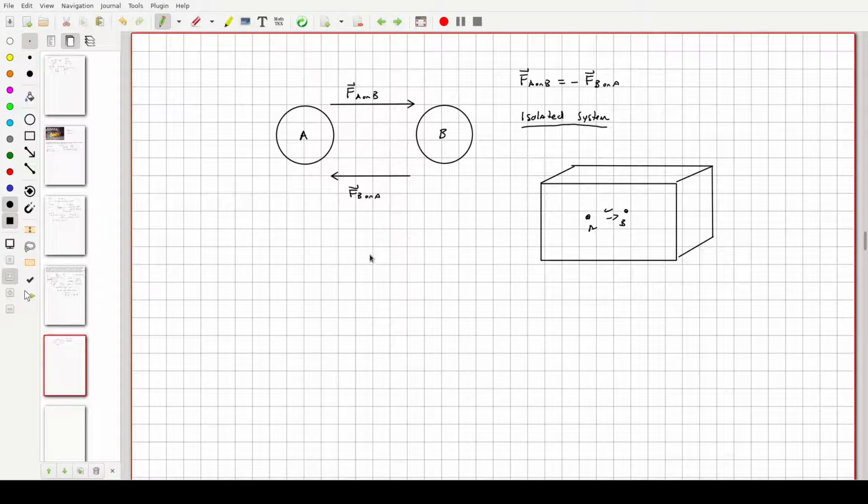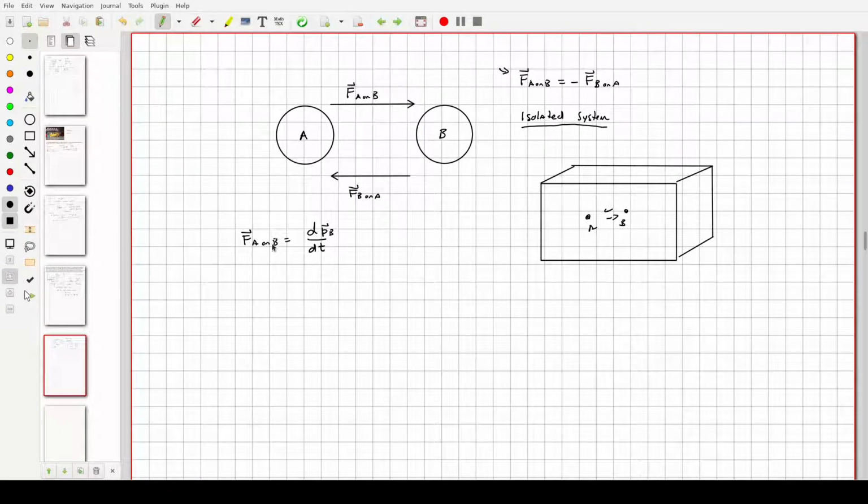Now, in a situation like that, what I'd like to do is to rewrite our forces as changes in momentum over time. So the force of A on B, we can write as the change in B's momentum over time.